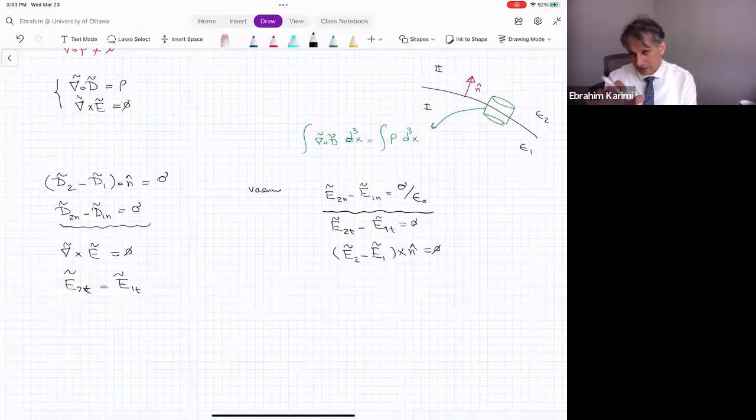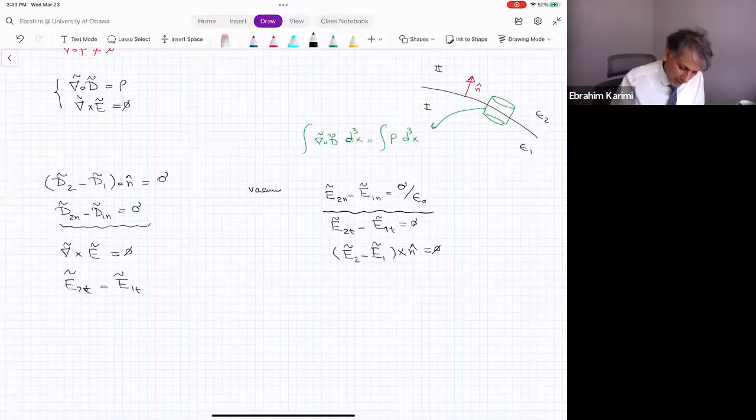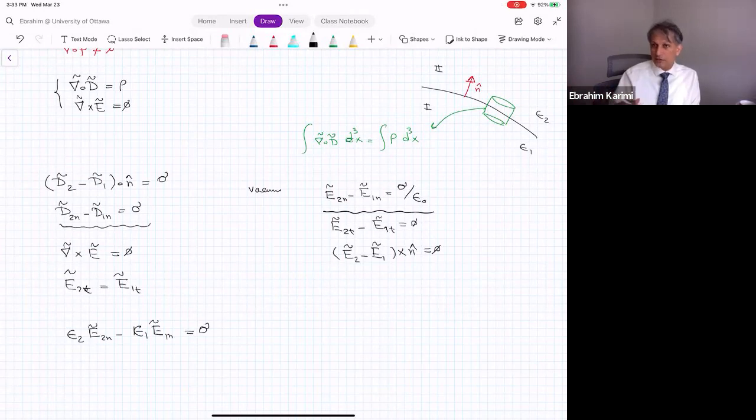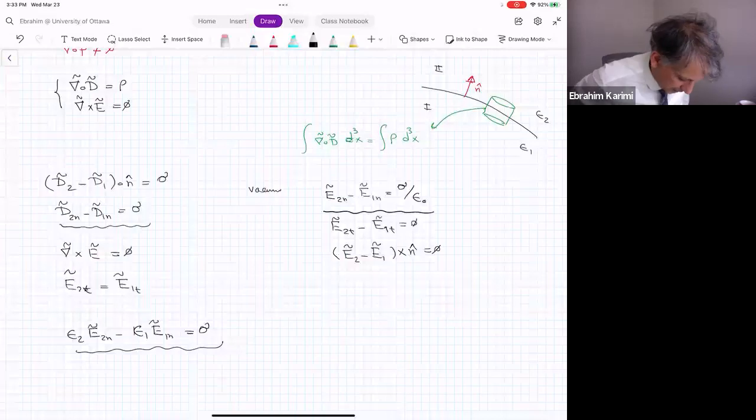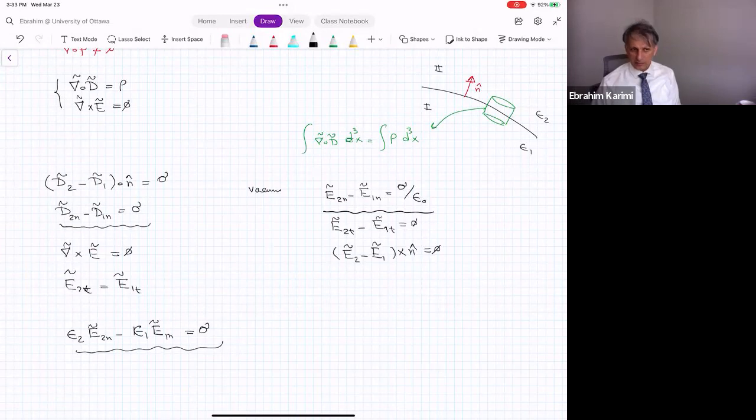So then epsilon 2 E2n minus epsilon 1 E1n is equal to sigma. I assume that epsilon 2 and epsilon 1 are scalar quantities. If it becomes birefringent, that equation needs to be handled a little more carefully. Do you have any questions?